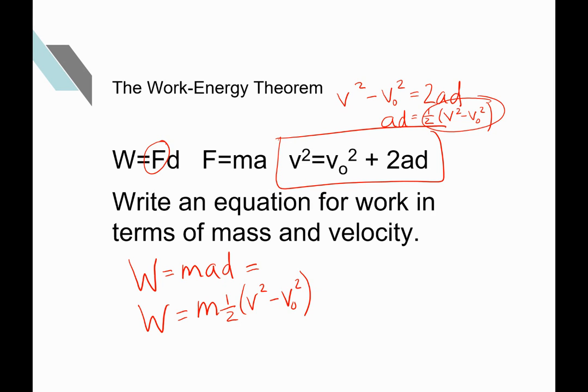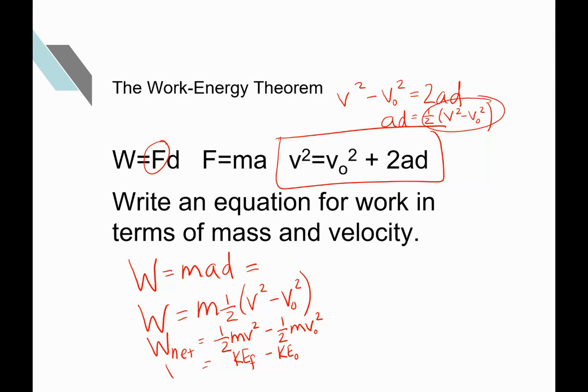So let's rearrange that even more. Work, or net work, is equal to 1/2 mass V final squared, minus 1/2 mass V initial squared. Okay, so what's 1/2 mv squared? Well, that's kinetic energy. So this is kinetic energy final minus kinetic energy initial, or I or O is fine.